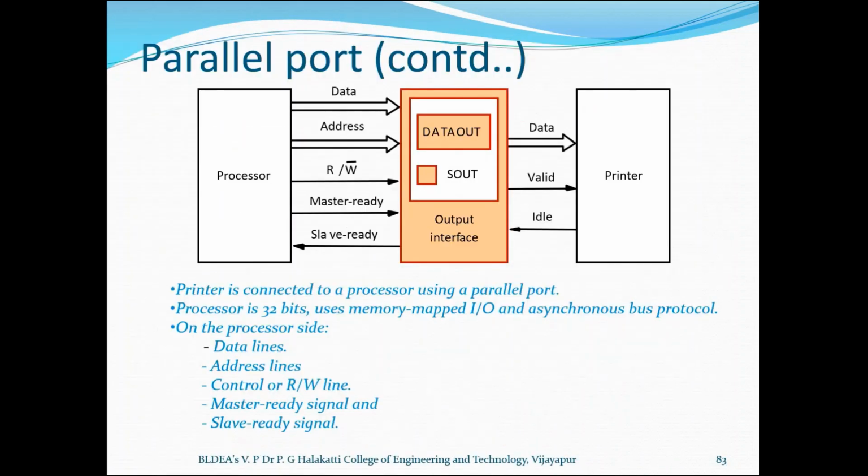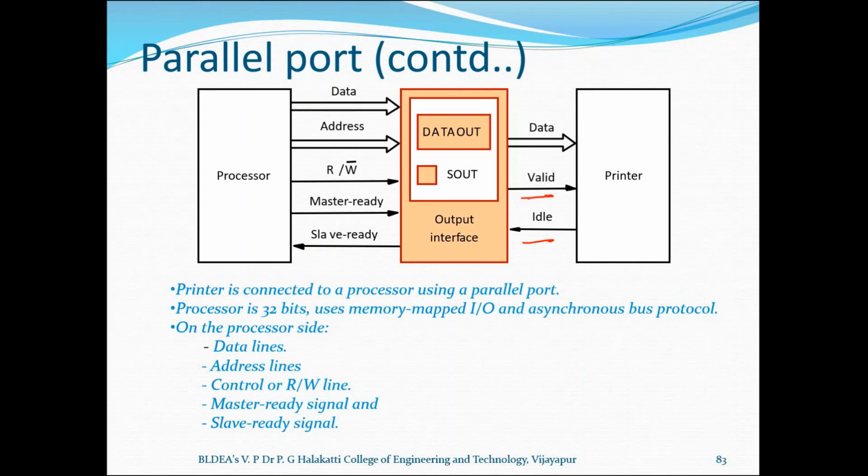Now let's see the output interface. This figure shows the interface diagram to interface an output device like a printer to a processor. The printer uses two handshake signals, one is idle and the other one is valid, for controlling the operations.